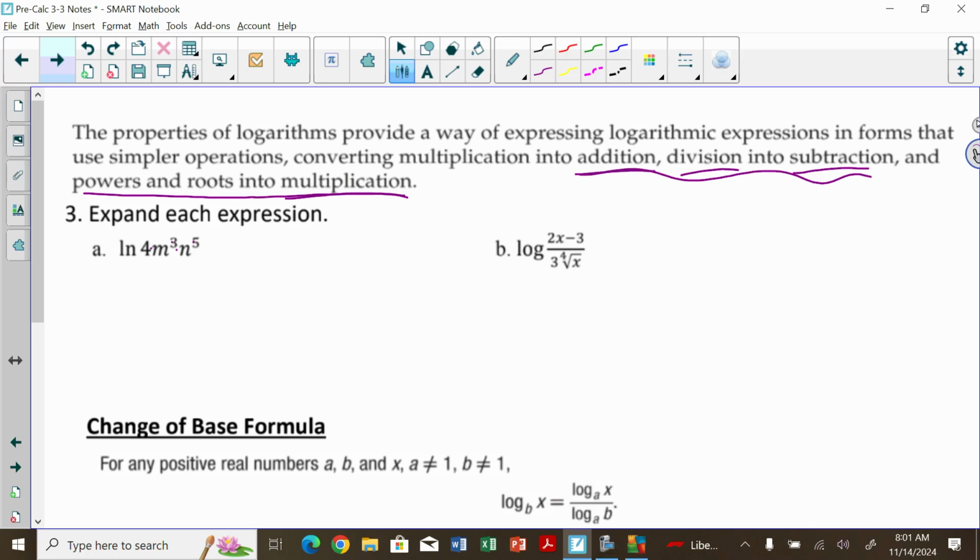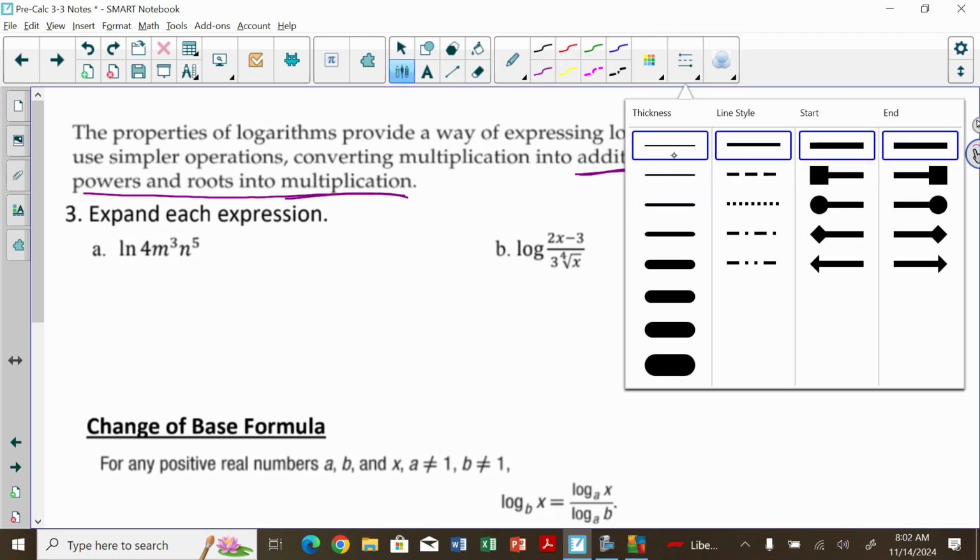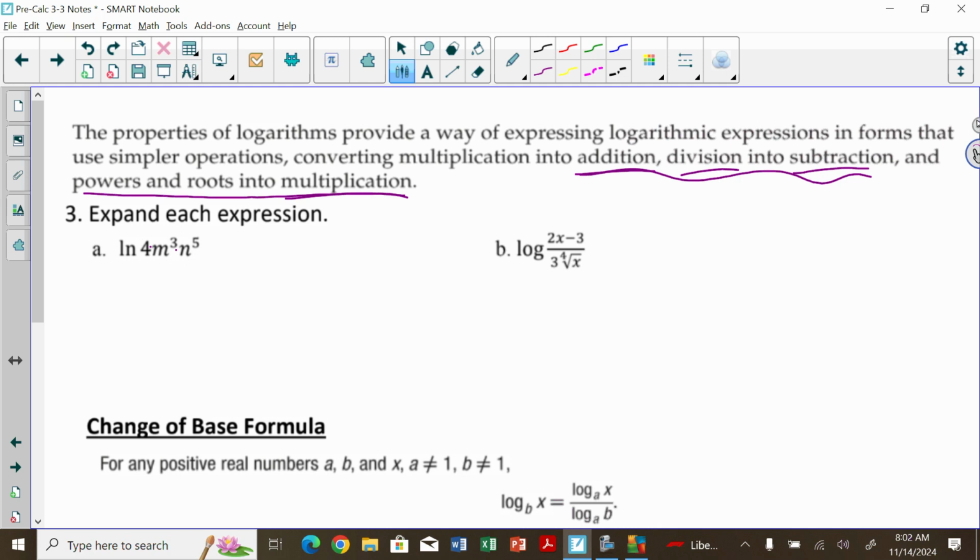Just going to expand this out. All right, so let's first look at this and see that what we're seeing here is a product. You've got natural log of 4, and we've got times m cubed. We kind of mentioned that before. You got a lot of products going on. Times n to the 5th.